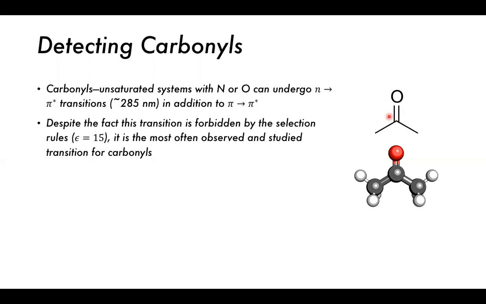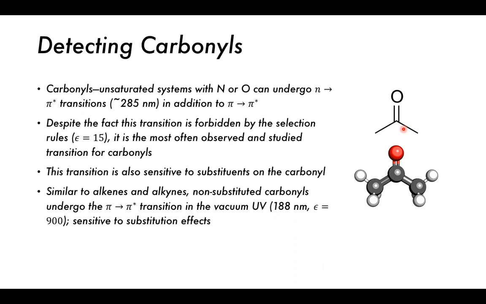Even though this is technically not allowed, there are some effects which mean it can actually be measured. It's just quite weak, but tends to be quite useful. This transition is also sensitive to substituents on the carbonyl, like earlier when we added that double bond, that alkene functionality.